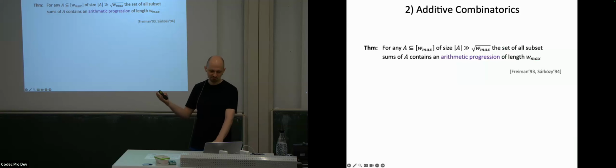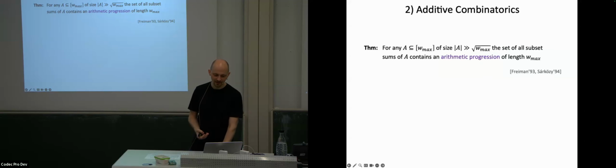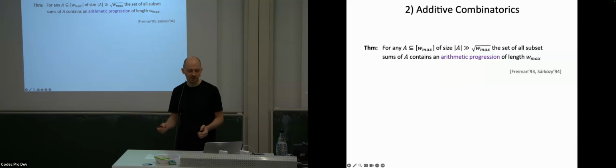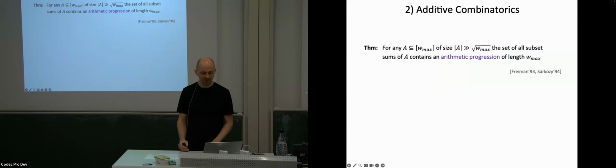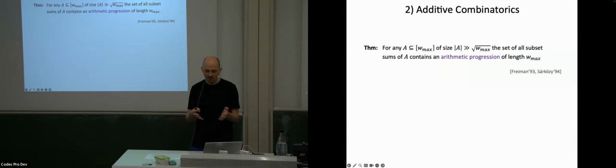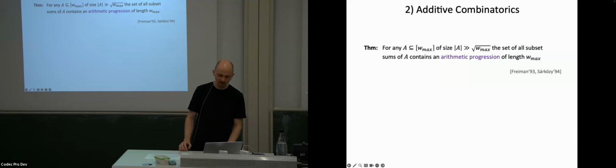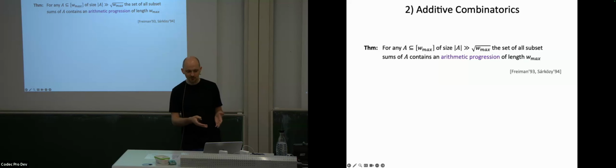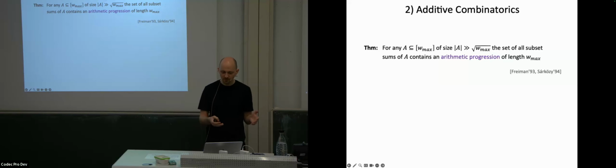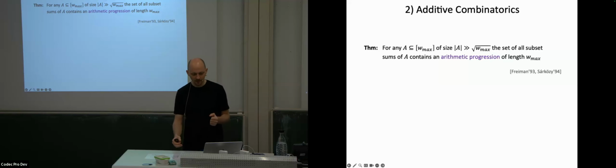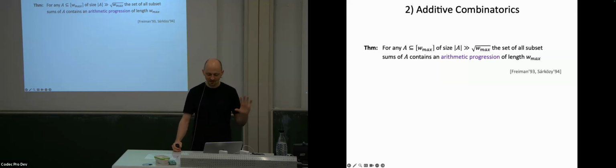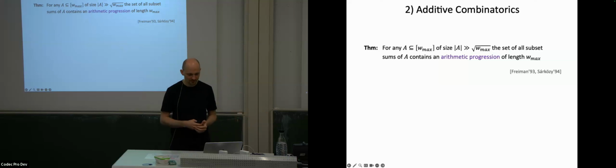There is this line of work, or maybe even a research area, where one of the central results is this one here: if you have a set of integers bounded by some number, in this case, I want this number to be Wmax, and the set of integers is kind of big, it's more than square root Wmax, and by this more and more I'm hiding constant factors, I'm also hiding logarithmic factors.